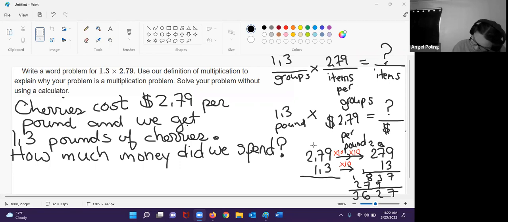So to undo it, to get back to the actual place, we're going to divide by 10 3 times. And as a result, we can see our decimal place is at 3.627 because we're going to divide by 10, divide by 10, divide by 10 to recover.